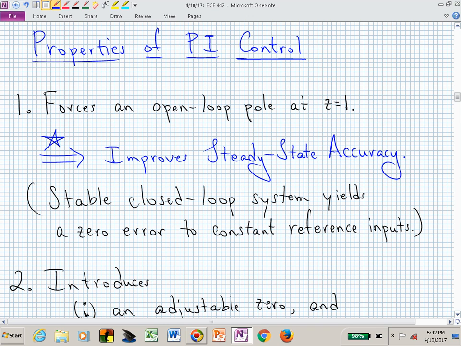And the purpose of that is to enhance our steady state accuracy, or our ability to track constant inputs with zero error, if we can guarantee that the closed loop system is stable. That's the idea. We want to make sure that the closed loop system is stable, then we will have zero error due to a constant reference input.